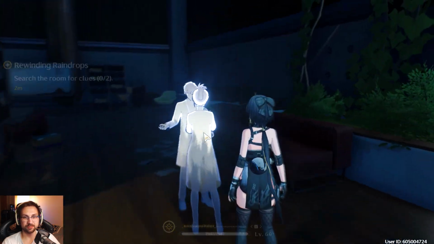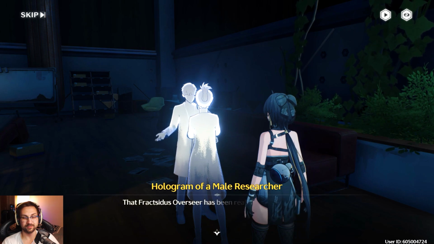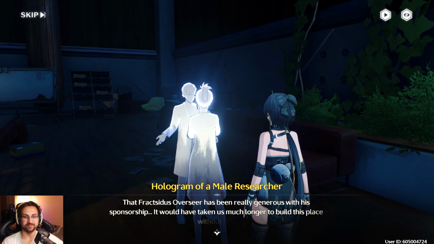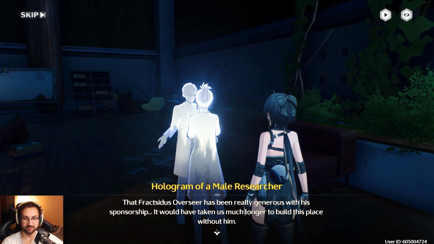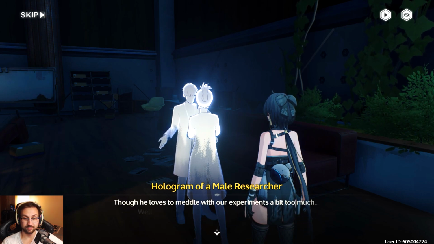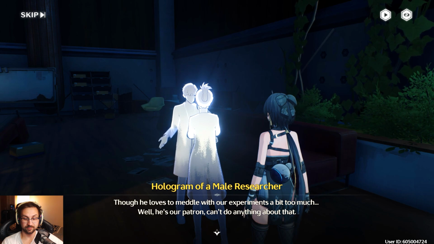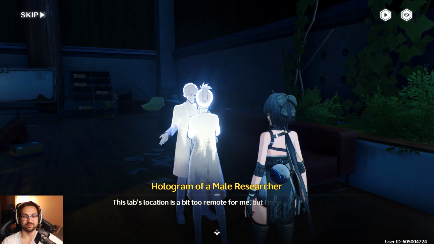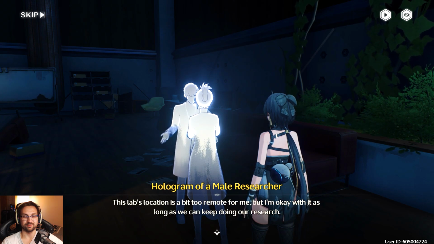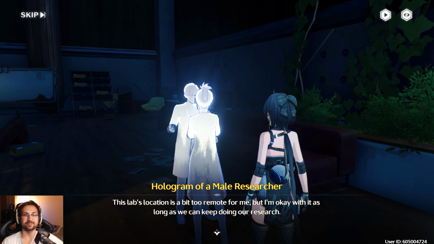Search for clues. That Fraxidus Overseer has been really generous with his sponsorship. It would have taken us much longer to build this place without him. Though he loves to meddle with our experiments a bit too much. Well, he's our patron. Can't do anything about that. This lab's location is a bit too remote for me. But I'm okay with it, as long as we can keep doing our research.